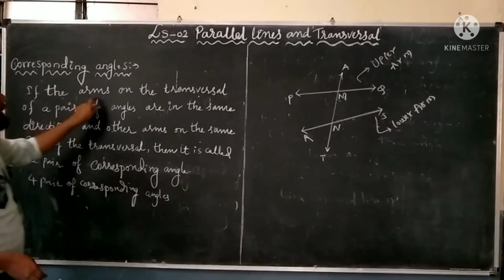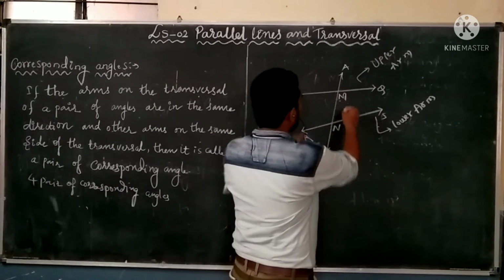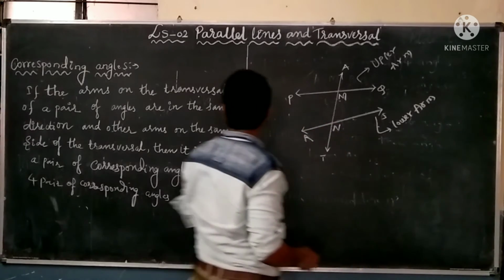Okay. Next, those are angle R, angle N, angle T, and angle S. Here, this is the upper arm and this one is the lower arm.